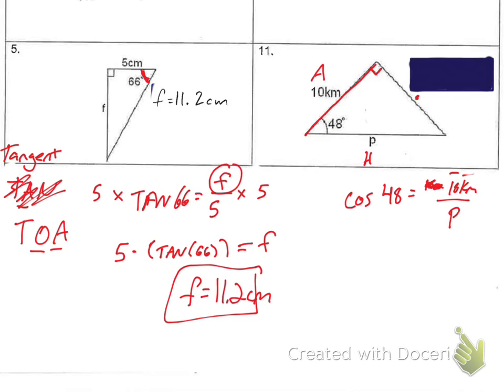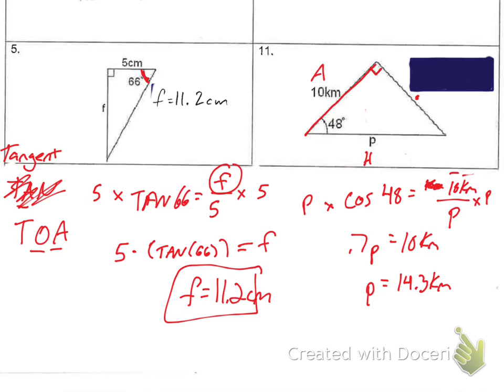Okay, so from here, now I got to multiply both sides by P. So cosine 48 is going to be 0.7, I believe. I might be doing this wrong. So 0.7 P is equal to 10 kilometers. And then I'm going to divide by 0.7 on each side. So 10 divided by 0.7 is going to be equal to 14.3. So P is going to equal 14.3 kilometers.